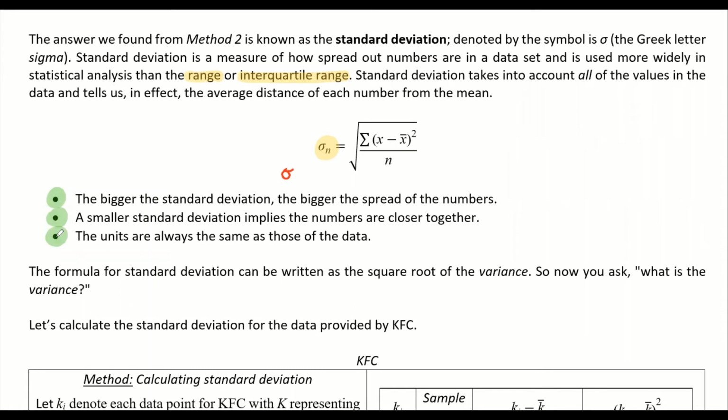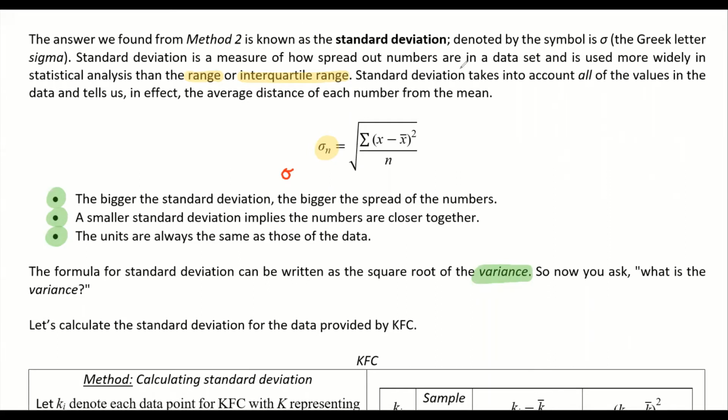Another piece of information that might be useful is knowing that the standard deviation is the square root of something called the variance. Now, there's nothing much more to say about that, really. The variance is just the standard deviation, but not square rooted. And I'll write it down for you here.